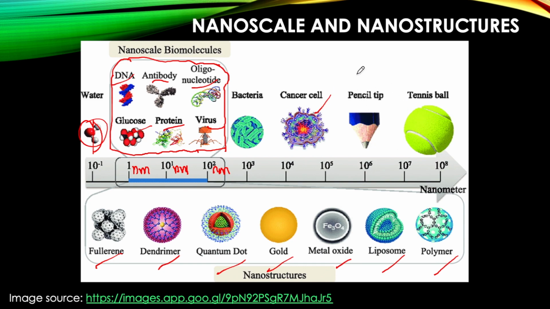Even bigger, we can see them with the naked eye. But our nano world only lies within this range, from 1 nanometer to 100 nanometers. That's our universe in this chapter.